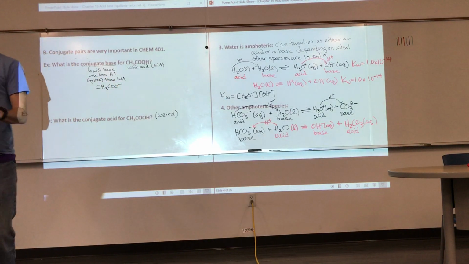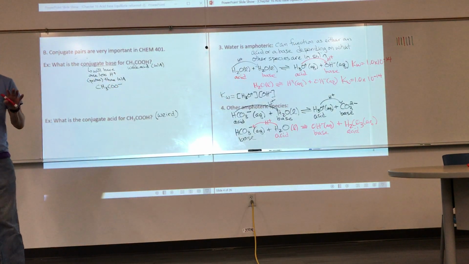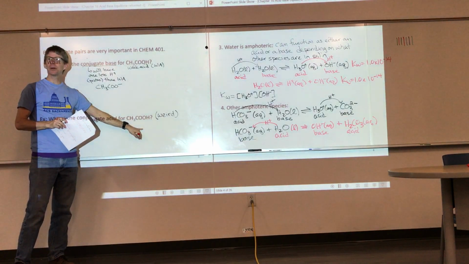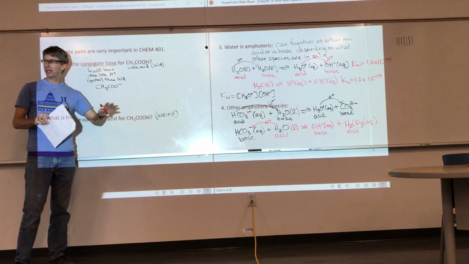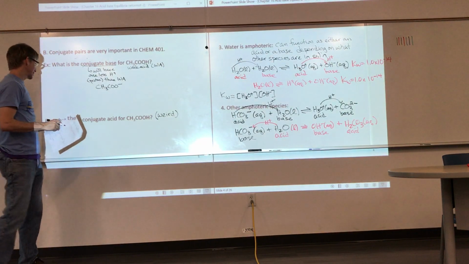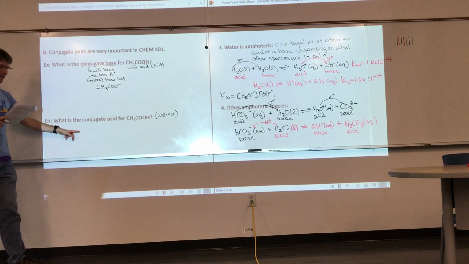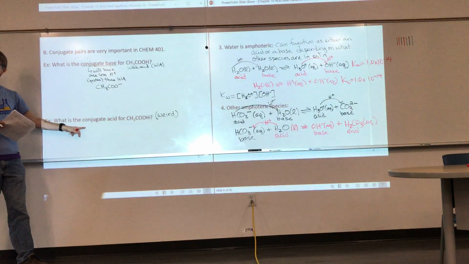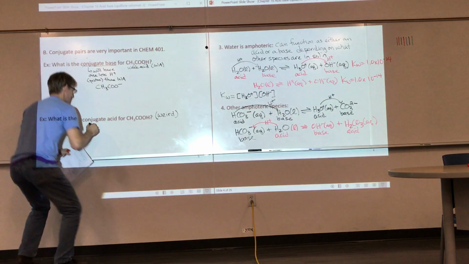You'll talk a lot about acids and bases. And you'll be interested, well, maybe not in this example, but in the non-regular examples, let's say. But, so what is the conjugate acid? Conjugate acid, for whatever it is, always has one more H plus.